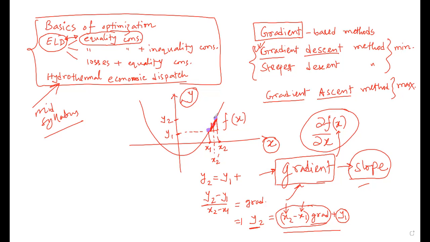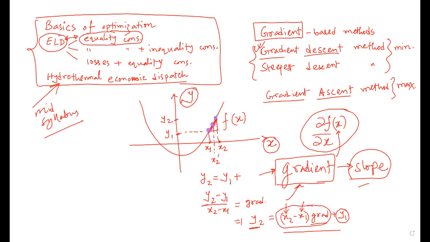My slope is calculated as positive at x2 prime. So if I am moving from y1 to y2, am I moving away from the minimum or moving towards the minimum?